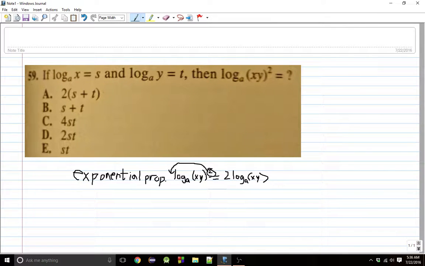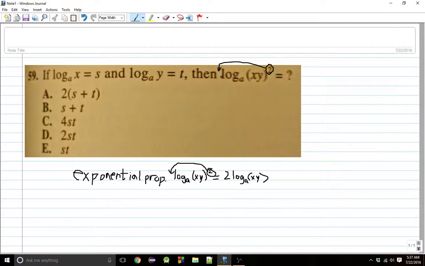So all we did was we took our exponent and we put it in front of our logarithm. That is the exponential property of logarithms. All you got to do is take this exponent and put it in front of the logarithm.